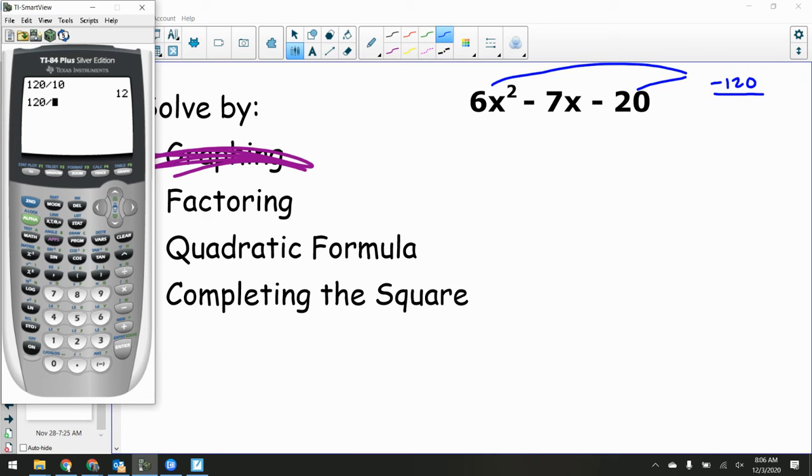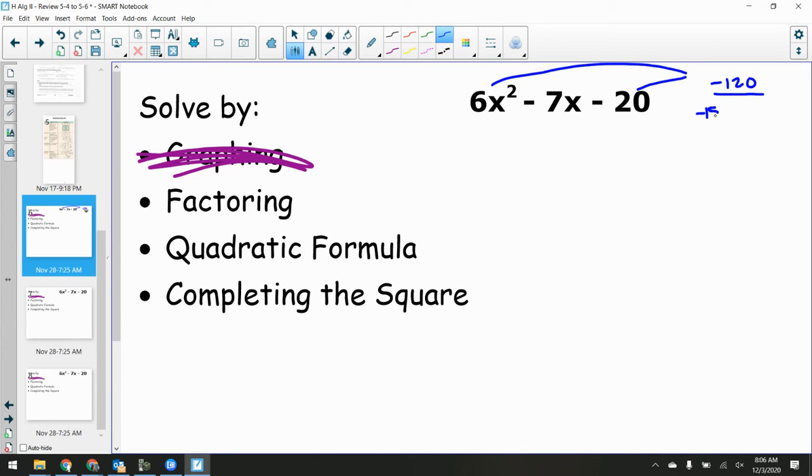You got to go smaller. So 120 divided by 8. Ah, there we are. 8 times 15. Those are 7 units apart, right? The bigger one's got to be negative because this has to be a negative 7. So negative 15 times positive 8. Negative 15 times positive 8 is negative 120. Negative 15 plus 8 is negative 7.